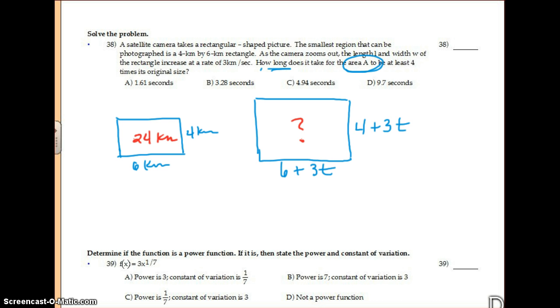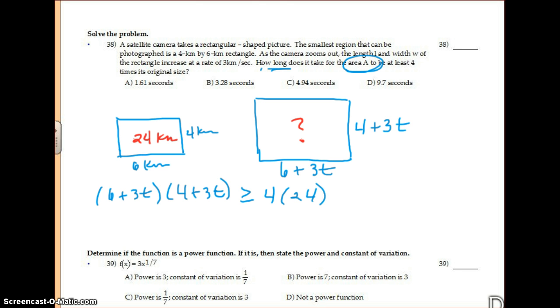So the new area would be length times width as well, but it would be 6 plus 3t times 4 plus 3t. And we want to know when that area is at least 4 times its original size. So greater than or equal to 4 times the original size, which was 24.